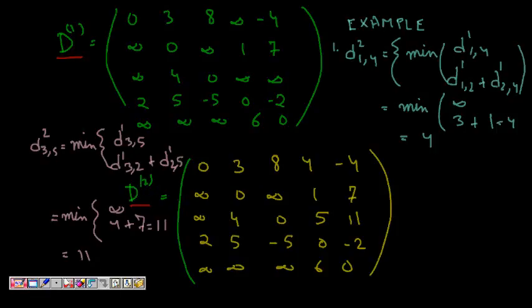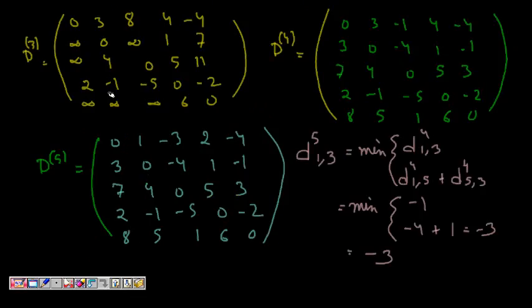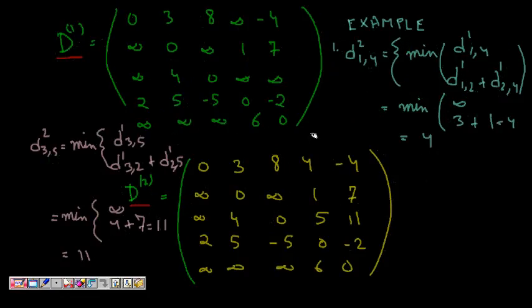D3 means in ij I can take 1, 2, 3 as the intermediate nodes. D4 means I can take 1, 2, 3, 4 as the intermediate nodes, and the graph has 5 nodes. Now D5 is the final matrix, so it has all the nodes 1, 2, 3, 4, 5 in the intermediate path. So let's see some calculations.